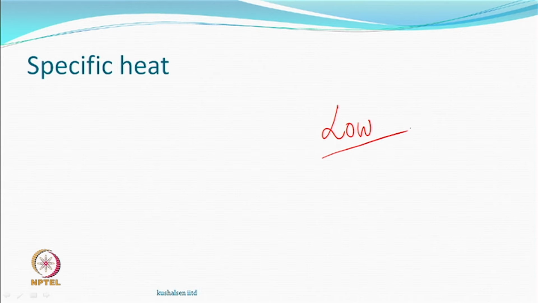There is no confusion here, because that would mean you will require less amount of energy to raise it to a certain temperature, which is the optimum temperature. Because the temperature has to be optimum, you have to go to that temperature from room temperature. So, obviously you would like to spend less energy to go to the same temperature. So, there is no confusion here.